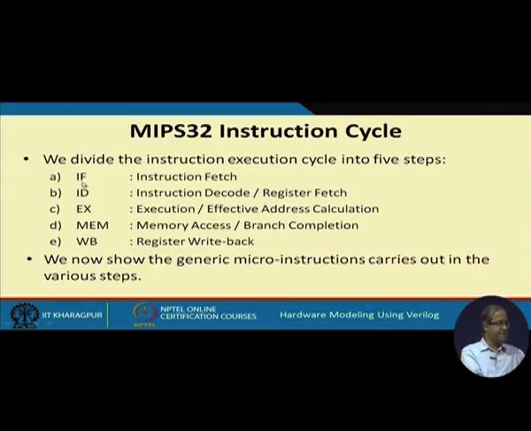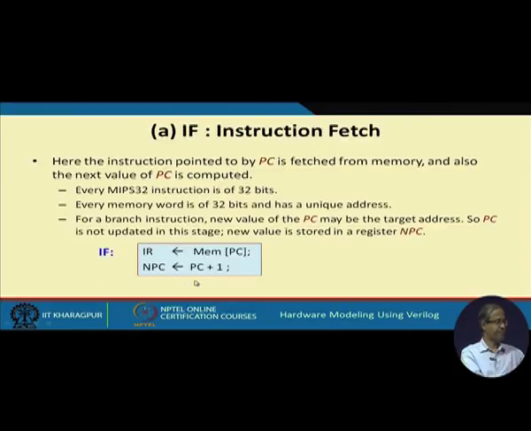And the different steps that are going on, even within each of these steps there are several sub steps. These are called micro instructions or micro operations. We shall be showing you what micro operations are required in the different steps. You will be able to understand. Let us start with instruction fetch.